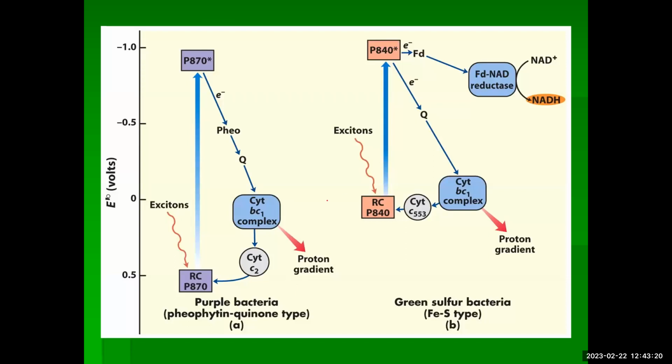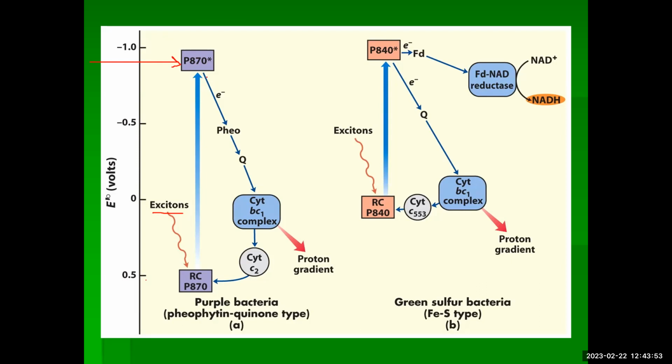And purple bacteria take that reaction center bacteria chlorophyll. When it gets excited by excitons, it goes from being a really terrible reducing agent to being one that's pretty good. However, it is not a good enough reducing agent to reduce NAD.